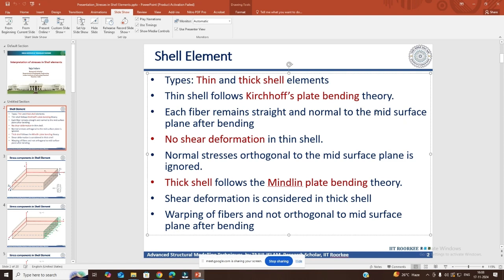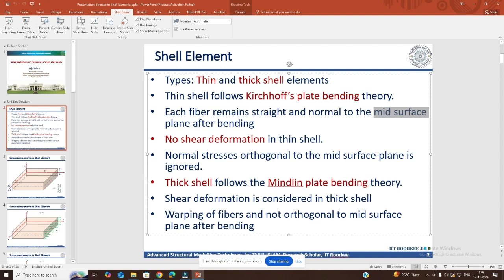So here mid surface plane in case of shell surface, I mean shell element, is going to be the neutral axis. So if you just consider a fiber which is perpendicular to the neutral axis, this is going to be straight before and after bending, and it is also going to be perpendicular to the mid surface or the neutral axis. So this is what happens when you consider the thin shell element.